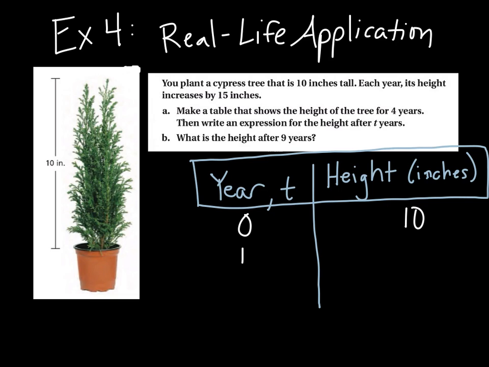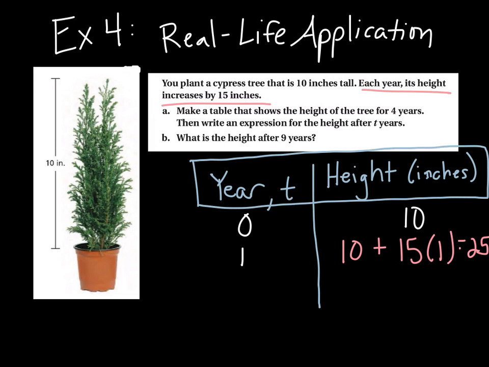So if the tree is 1 year old, and remember in the problem it said that each year the height increases by 15 inches. So if it increases, it's probably being added on. So we could say the original height was 10 inches to begin with, plus 15 more inches in the first year, and so we can just do 15 times 1, and that would give us a total height of 25 inches.